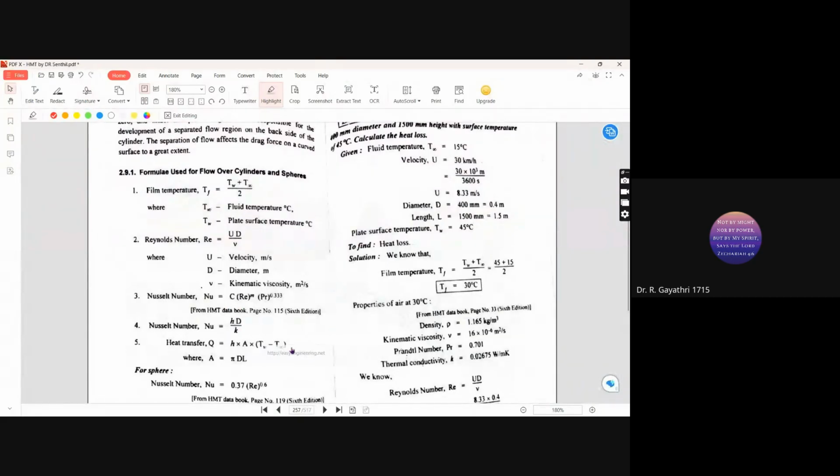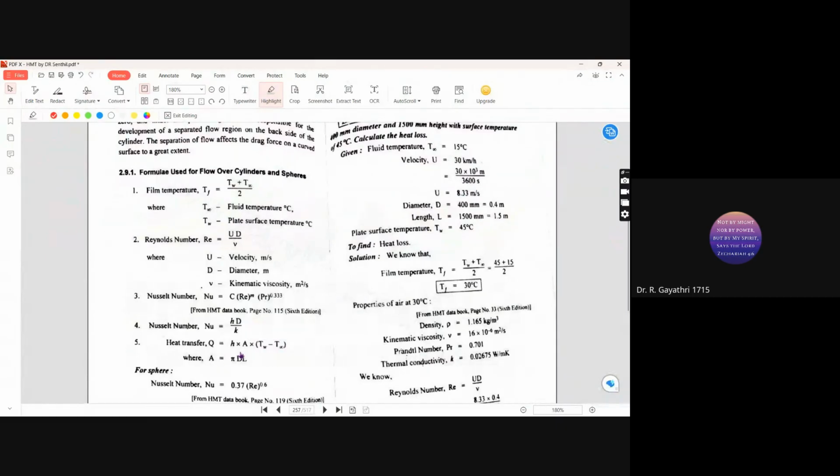The Nusselt number equation is C times Reynolds number power m times Prandtl number power 0.333. C and m values can be fixed from the data book table. The general Nusselt number expression is h d by k. In place of L, we use the diameter of the cylinder or sphere.